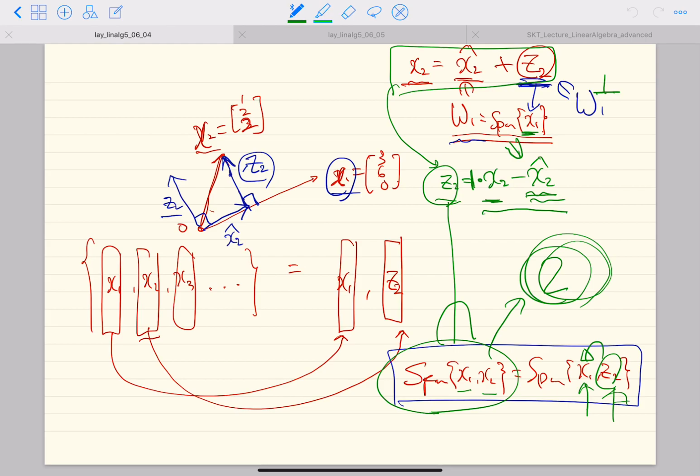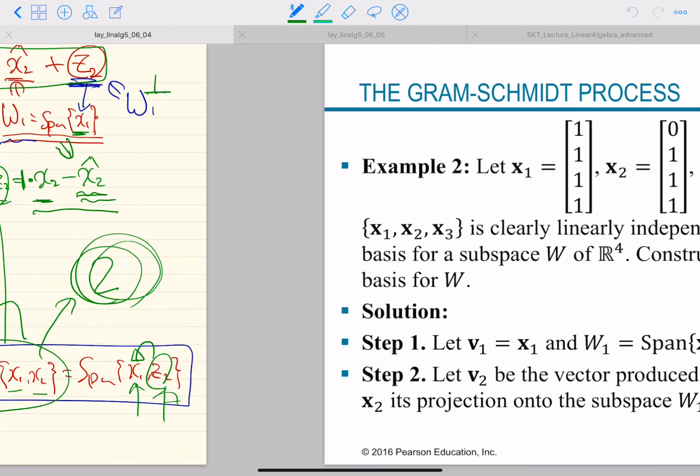Right, let's continue then. We saw the example where we have linearly independent basis vectors and then convert them to an orthogonal basis that spans the exact same subspace.